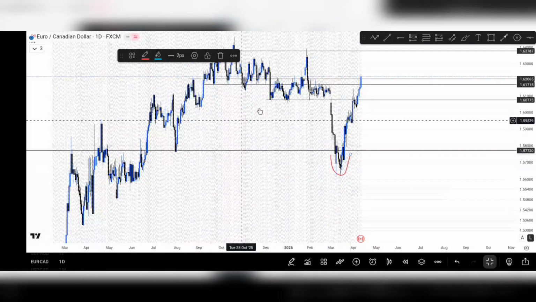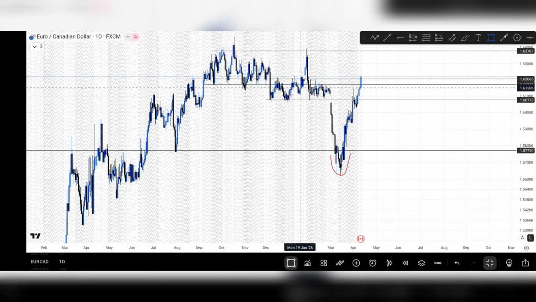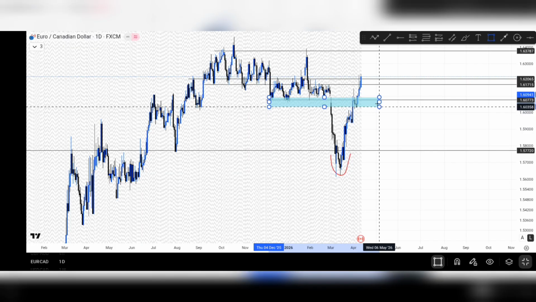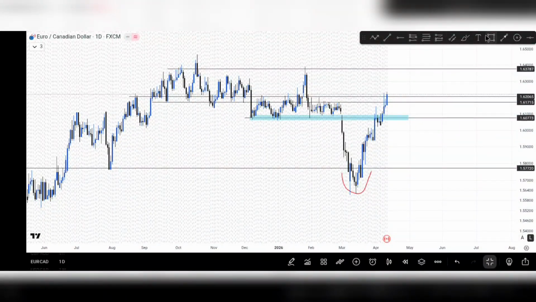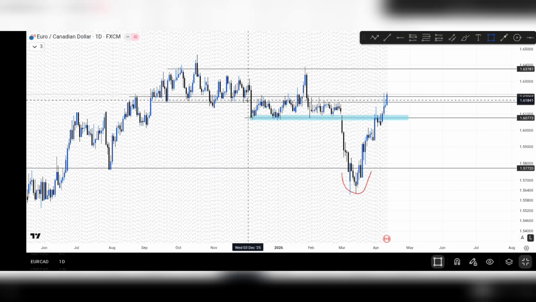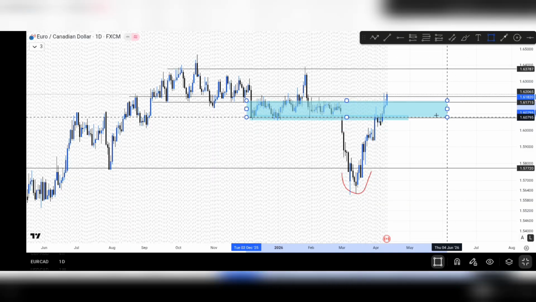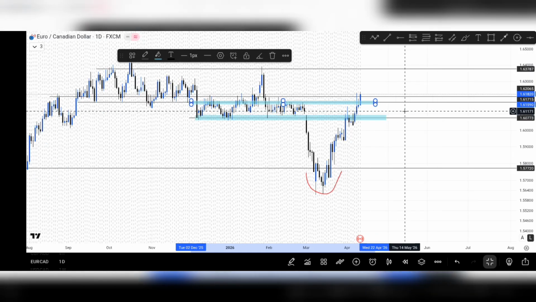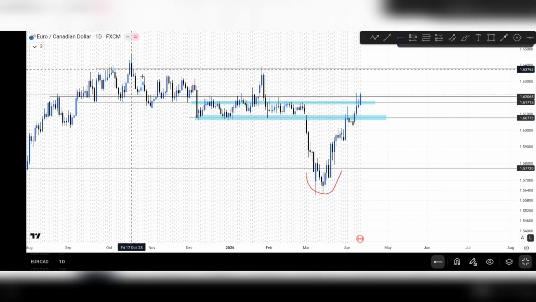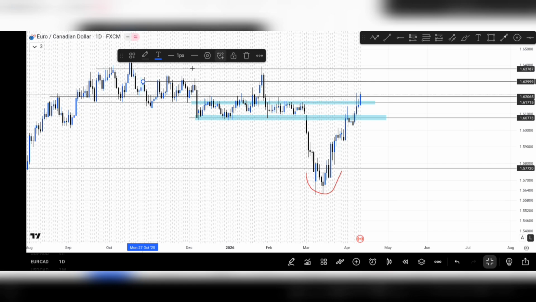Also, we can mark out this level here. You can mark it as a support resistance level, which will be turning to support also. There's also a level at this point, and there's a high here. There's a resistance level we need to mark out at this point too.